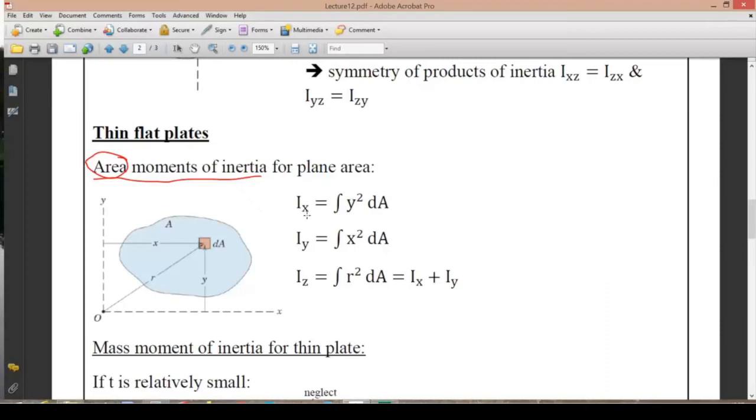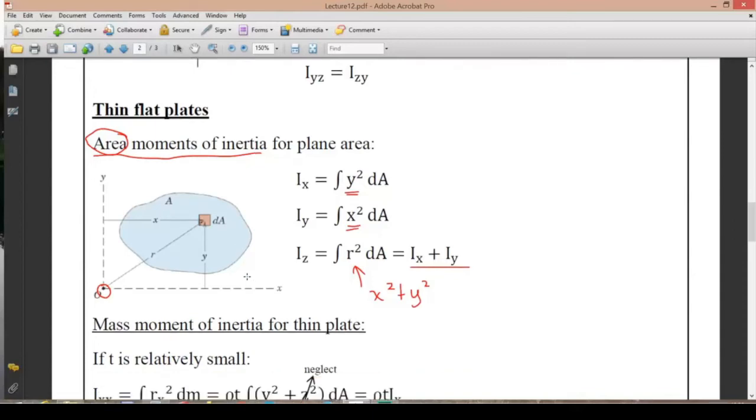So if we're going to find this area moment of inertia along the x-axis, we're going to use the y information here, for the y-axis, x information, for the z-axis, which is going out of the board here, this is this r distance, which is calculated making use of the x and y, so x squared plus y squared. So this r squared is actually equal to x squared plus y squared, and that is equal to Ix plus Iy. So this is about the area. This is just a two-dimensional object here.